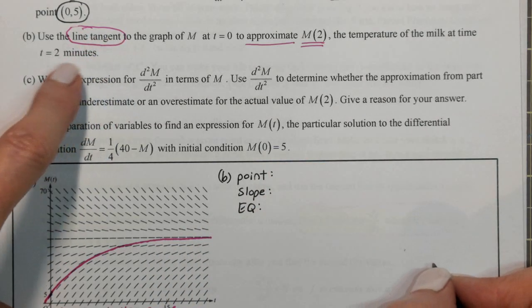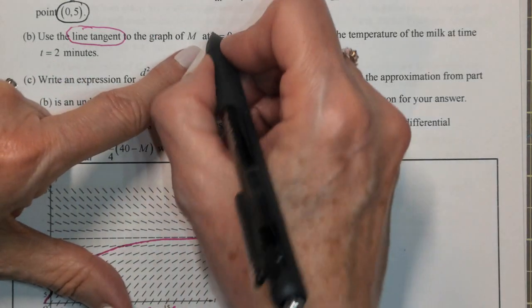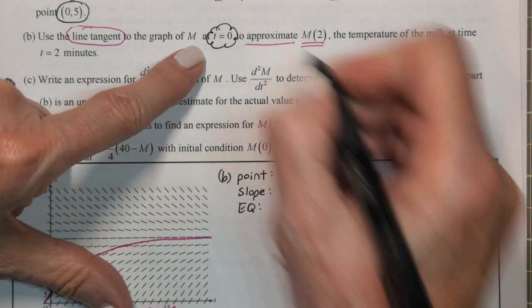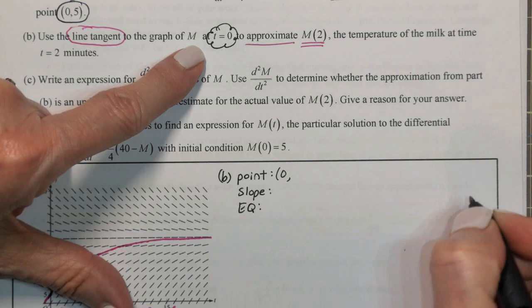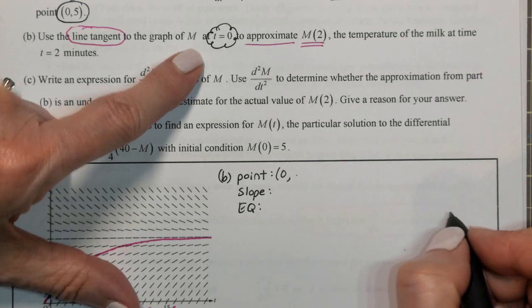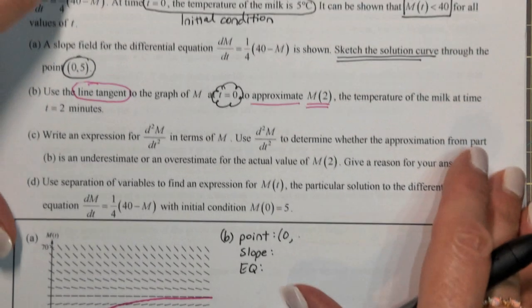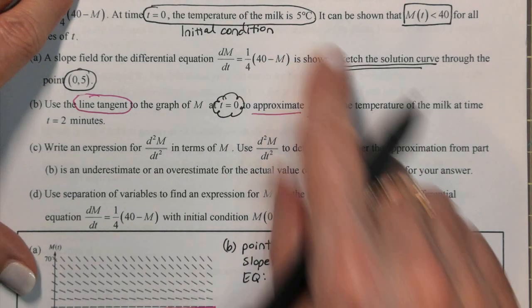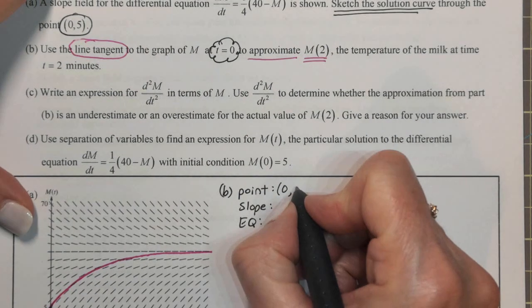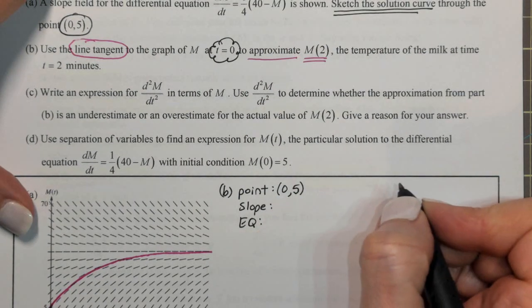The point is the point when time is 0. When time is 0, what is the temperature of the milk? They gave us that. It is 5 degrees. So at time 0, the temperature is 5 degrees.